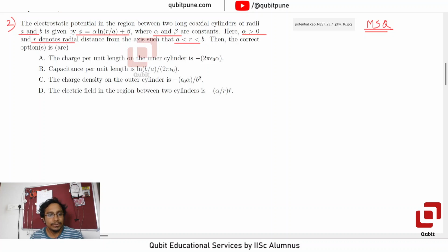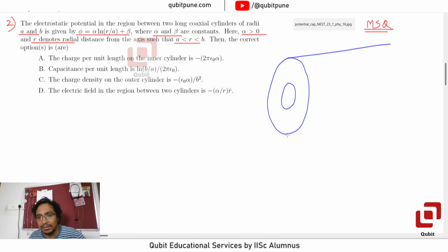Okay, so let's now draw the figure for this particular arrangement. Let us say this is the larger radius cylinder, and let's say this is the inner one, the smaller one, and this is how the cylinders are. Long means we can assume the length as infinite.